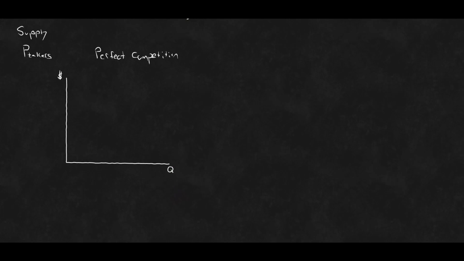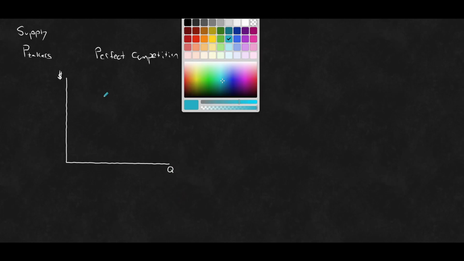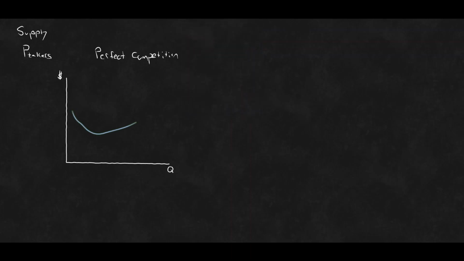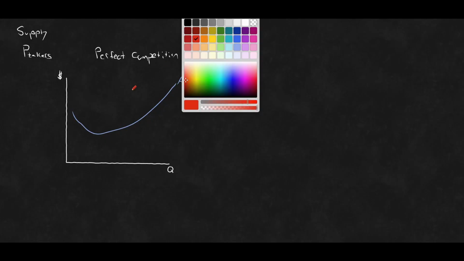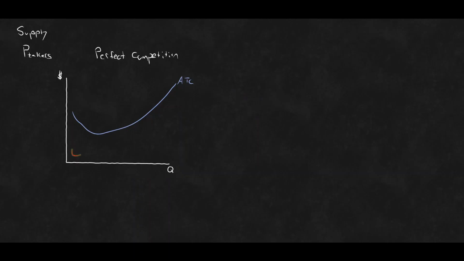What I'm going to be looking at, though, is really just, let's use blue, our U-shaped average total cost, and then we'll use red, little dip, and then up through the minimum point, we have our marginal cost for this firm.